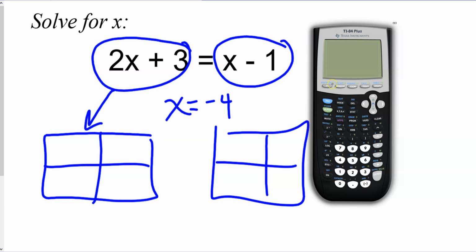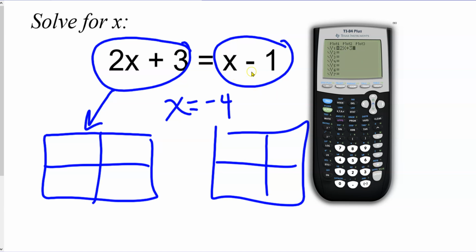So to do that, you hit the y equals button, and in the first y1 equals, I'm going to put 2x plus 3. So I'm just going to punch in 2. The x key on the graphing calculator is right next to the green alpha button. It's got x, t, theta, and n, so 2x plus 3. That's my first equation.